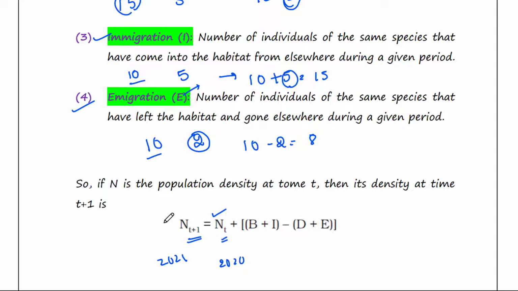N at t plus 1, that is the density of the year 2021, is equal to the population density that was there in 2020, plus B, that is the natality, plus I, that is the immigration, because in these two cases individuals were added to the society, minus D, that is the mortality, and E, that is the emigration, because these two are removed from the population. In this way we can calculate the current population density of a society.